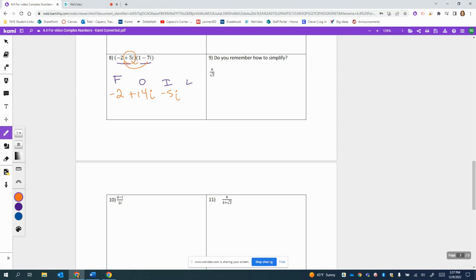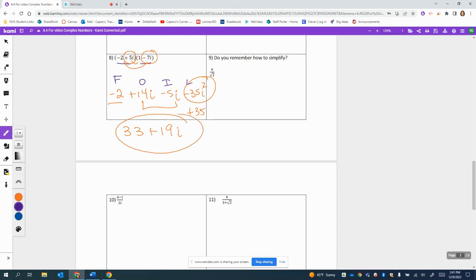And my last, I have 5i times negative 7i, which leaves me with negative 35i squared. Okay, this negative 35i squared gives me positive 35. I combine that with a negative 2, and I have 33. Combine my i's right there in the center, and I have 33 plus 19i as my final answer.